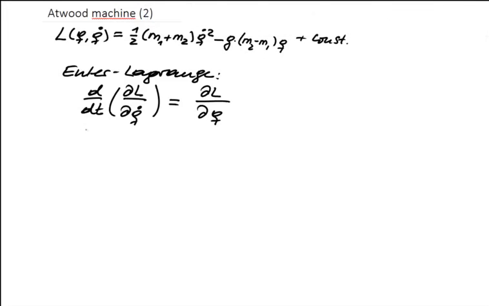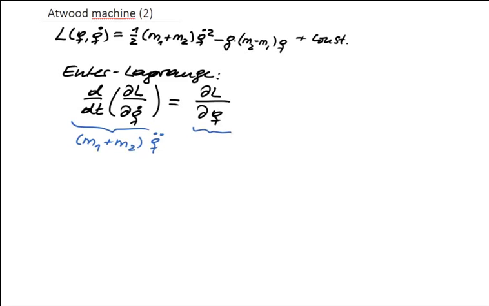And now let's see what comes out. The partial derivative of the Lagrangian with respect to q dot will give us m1 plus m2 times q dot. And then the time derivative of that gives us m1 plus m2 q double dot.